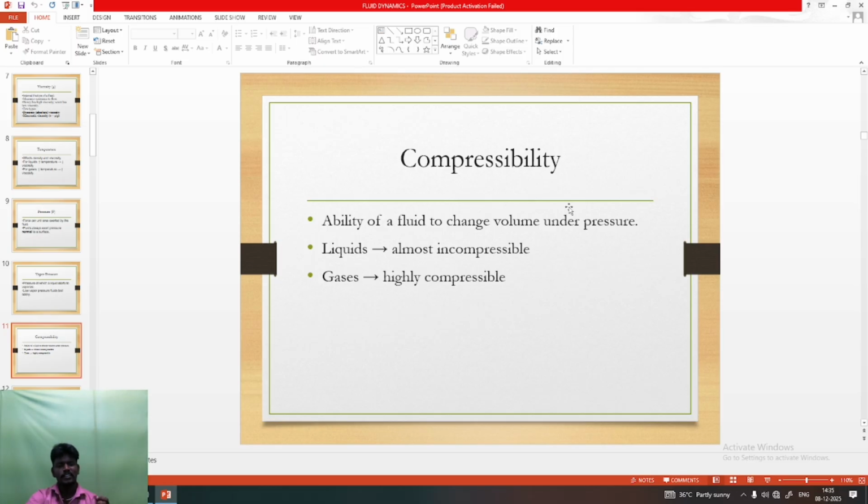Liquid is almost incompressible; we can't compress any liquid easily. Some fluids may be compressible, but all gases are highly compressible. They can also be compressed by compressors, external mechanical devices.